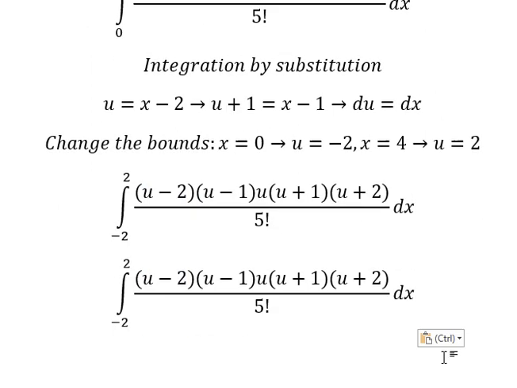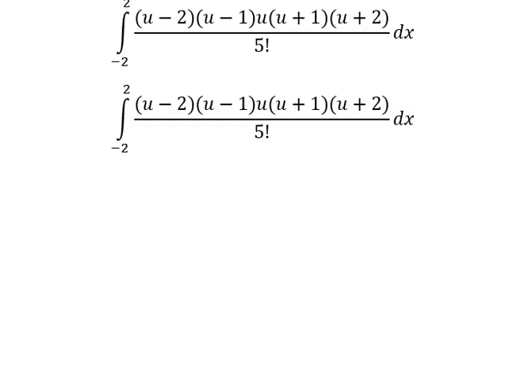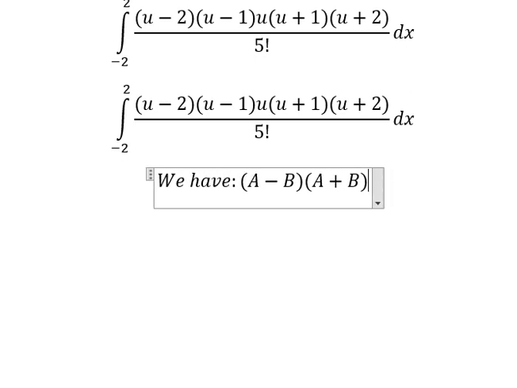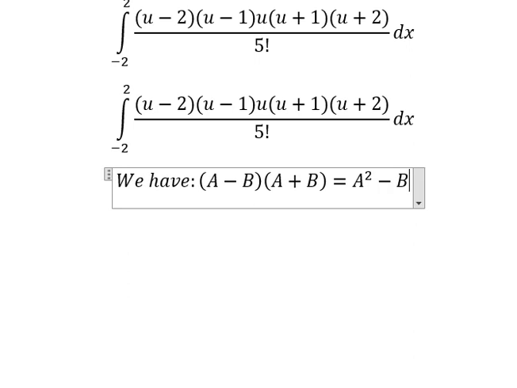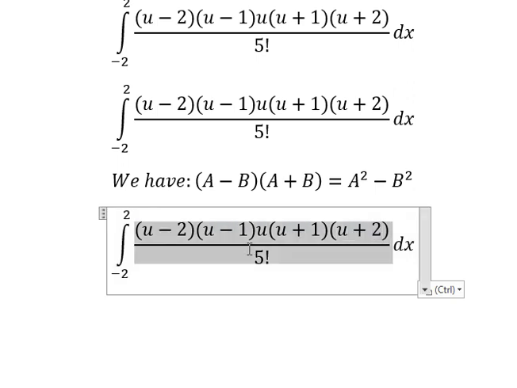The next one, u minus 1 multiplied by u plus 1. We have the formula in here. So this one we can change like this.